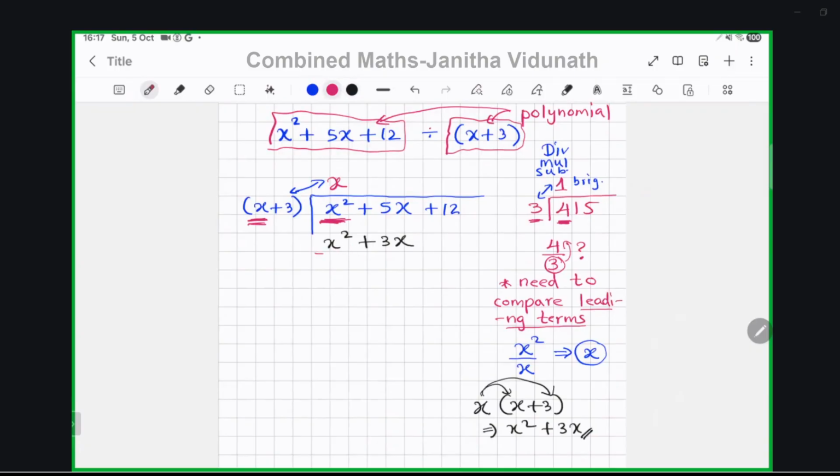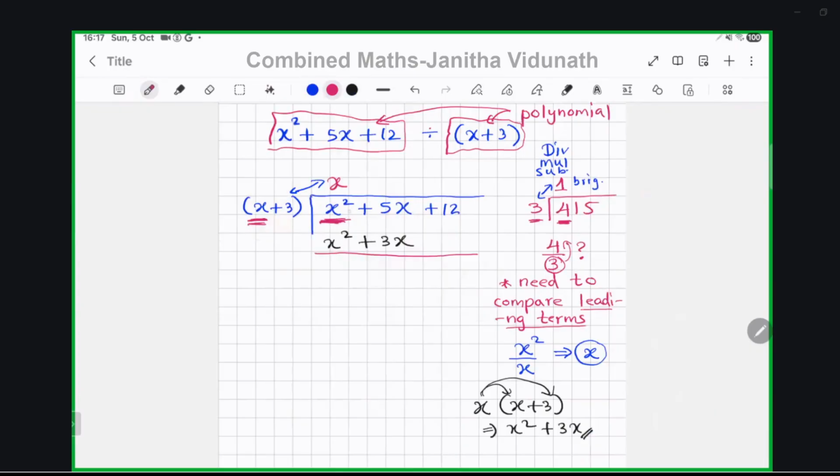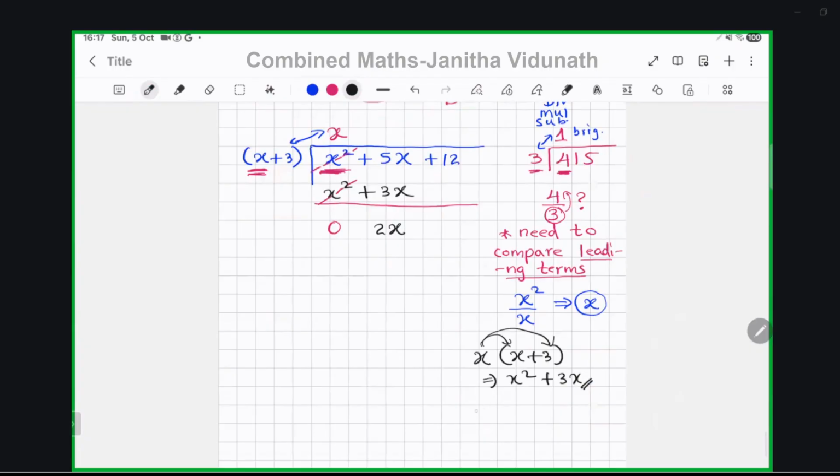Now we need to subtract those two polynomials. When subtracting, these two terms cancel out. x squared minus x squared is 0. Then 5x minus 3x means 2x. Simply, here we subtract x squared plus 3x from x squared plus 5x plus 12.